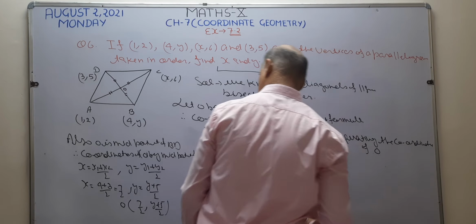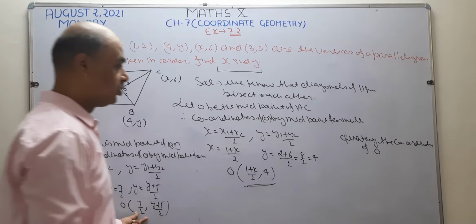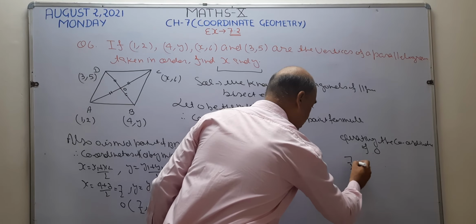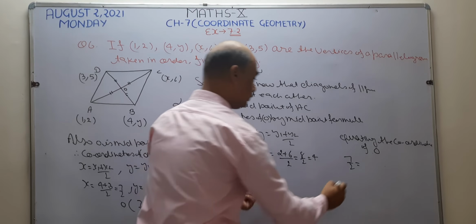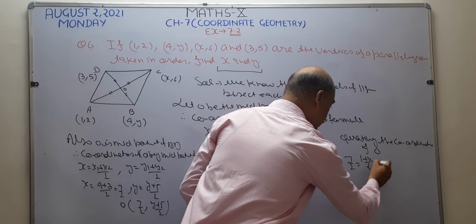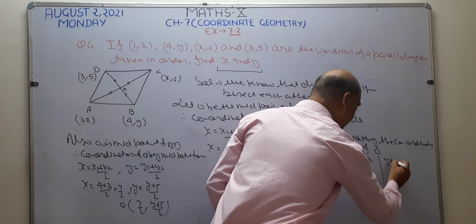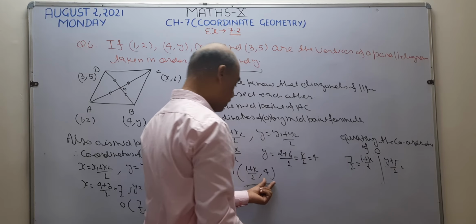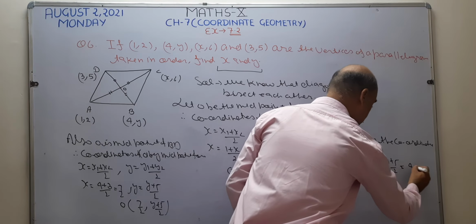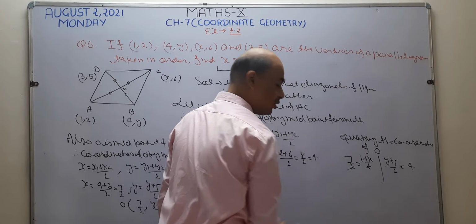So this value of x is equal to this one, (1 plus x) by 2 equal to 7 by 2, and (y plus 5) by 2 is equal to 4. Okay, now see this LCM is cancelled.